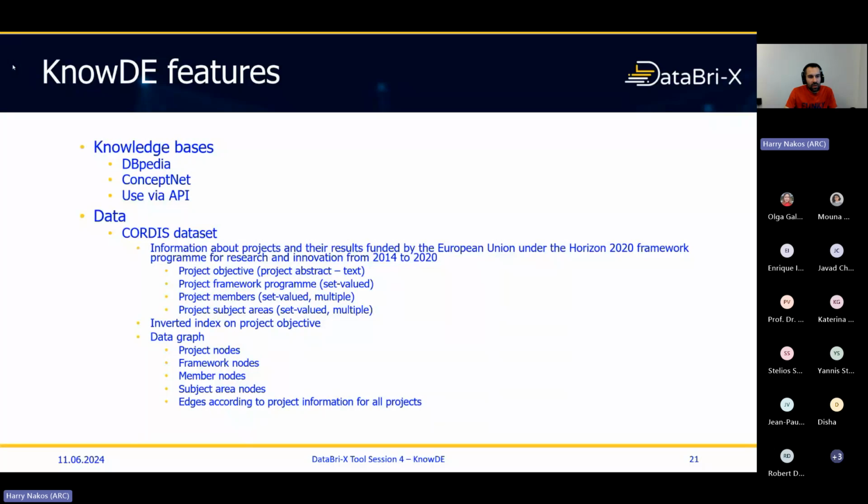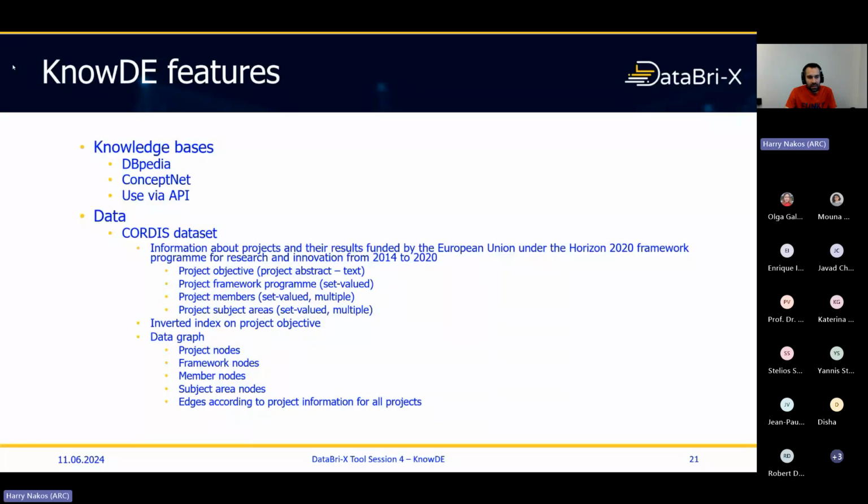Currently, KNOwDE supports DBpedia and ConceptNet for entities and concepts that are part of an ontology or a taxonomy. And access to these knowledge bases is performed using the API that each one of these knowledge bases provides. The second part of KNOwDE is the data itself.